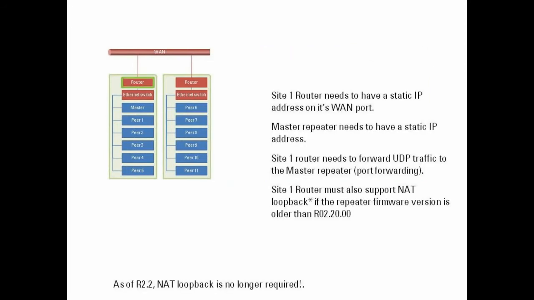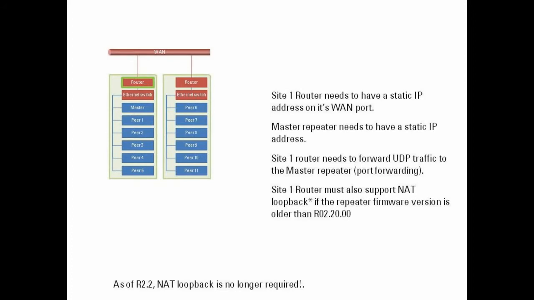The Ethernet switch and router are sometimes within the same hardware, in other words, within the same box. The router connected to the master repeater needs to have port forwarding configured. In early versions of Linked Capacity Plus, the router also needs to support NAT loopback or hairpinning.